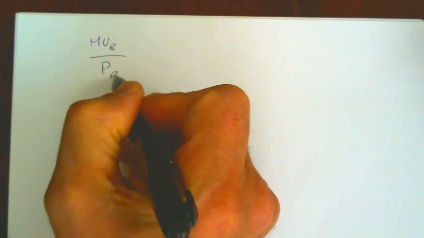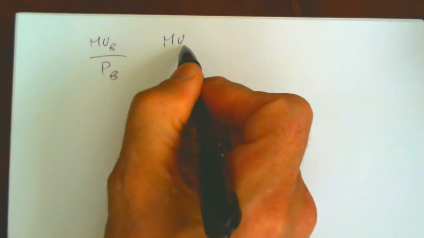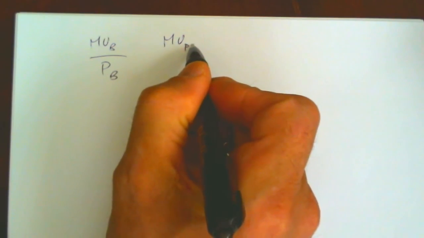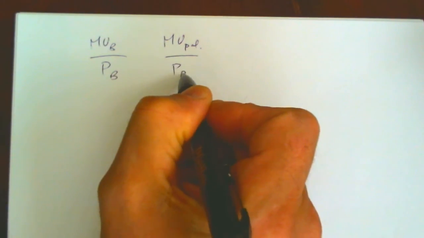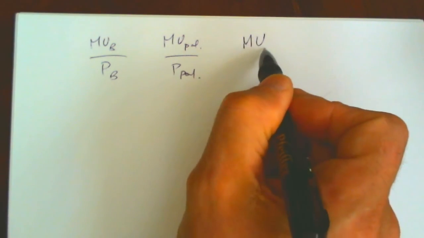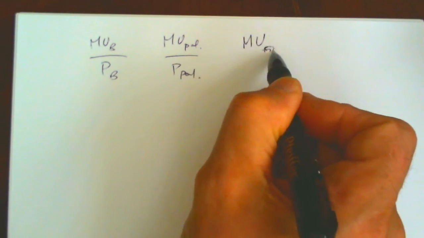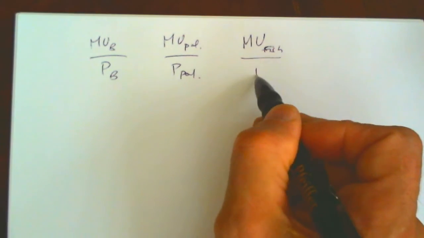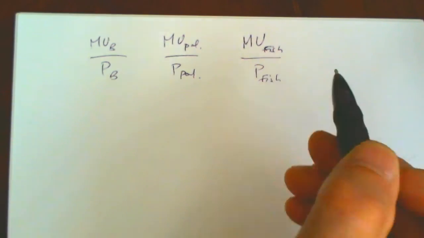You have had them all, you know what they produce in terms of satisfaction. So this is the marginal utility of beef, given the price of beef. Then there's the marginal utility of poultry, given the price of poultry, and there's the marginal utility of fish or seafood, given the price of fish or seafood.